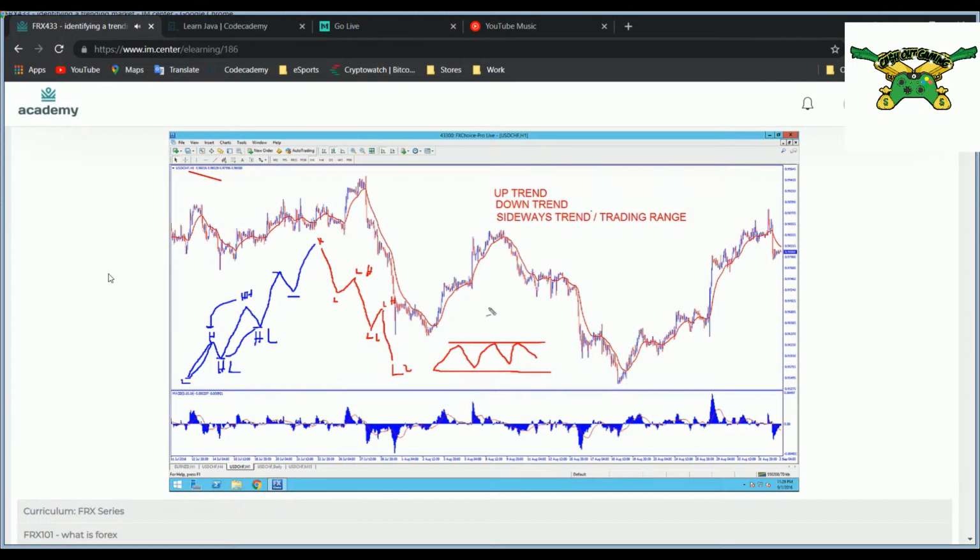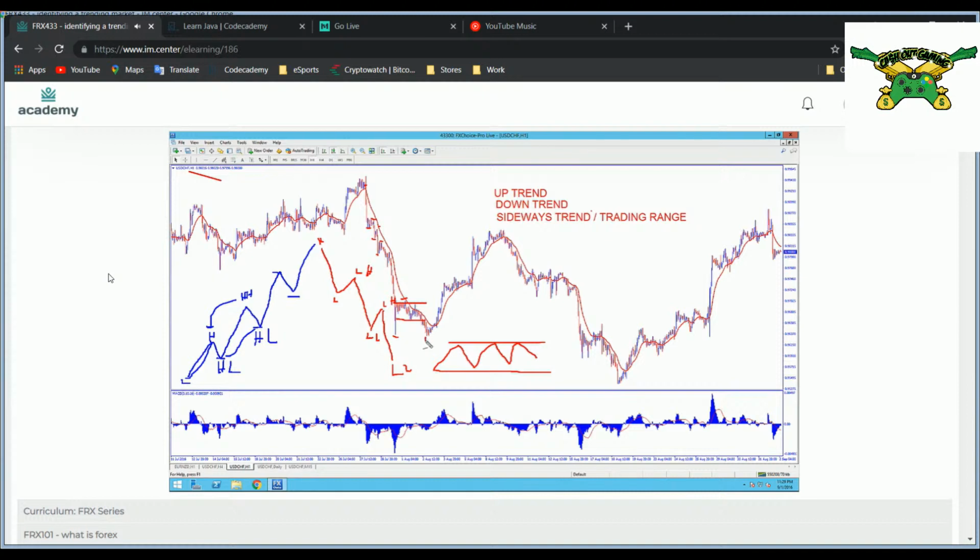Let's take a look at a couple of examples. Here's a downtrending market. We can see that the market went from a high to a low, lower high, lower low, lower high, lower low, lower high. Market went into a sideways range right there.